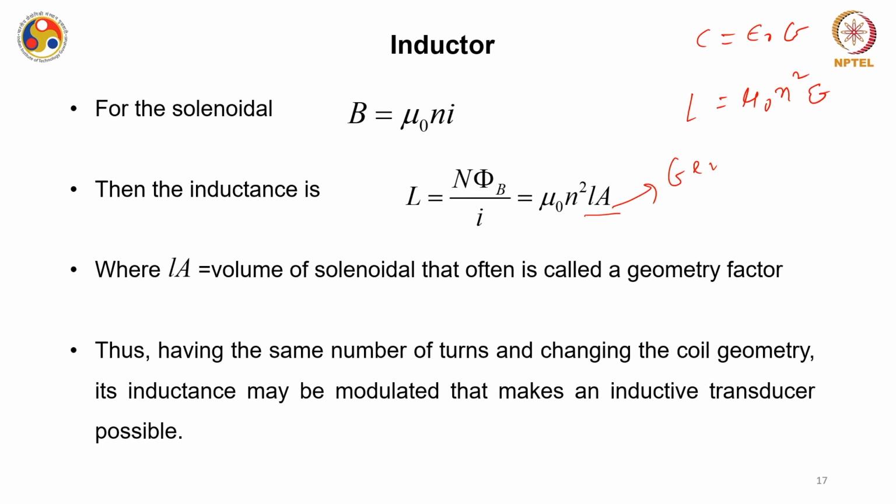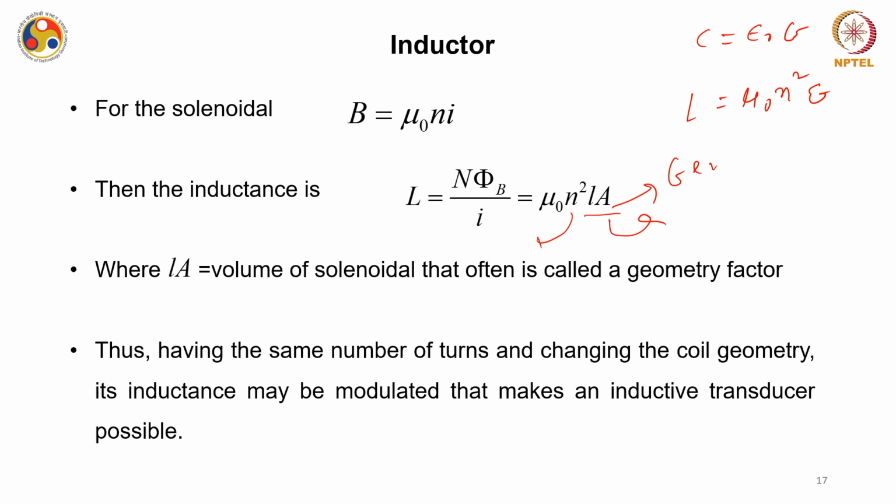Okay. So therefore, having the same number of turns and changing the coil geometry, its inductance can be modulated, which makes an inductive transducer possible. Okay. Let us try to understand this with the help of a solenoid. Say I have a solenoid where the number of turns per unit length is the same, but I am changing the volume of the solenoid.